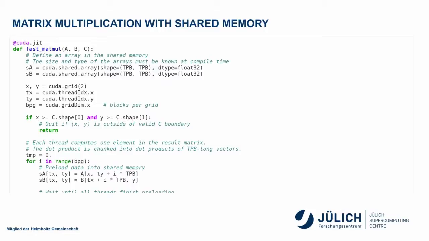I then need to load data into my shared memory. And down here, there's a synchronize command so that I'm sure that all of the threads have loaded their data item into the shared memory. So that's how you can then use shared memory from within CUDA for Python.